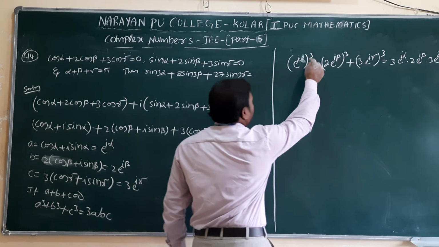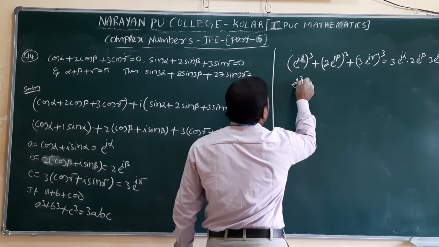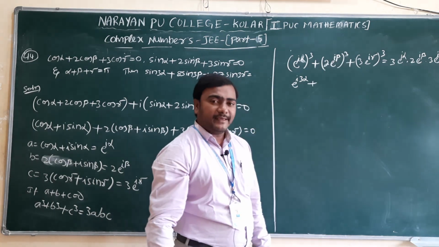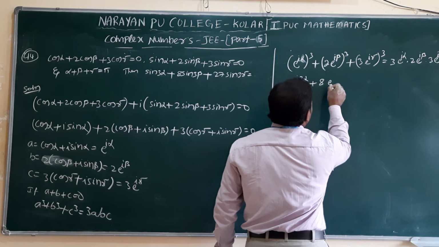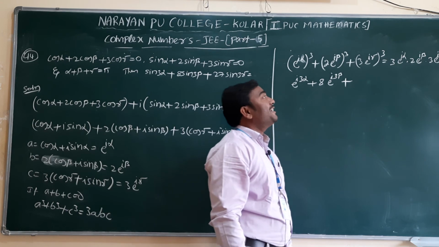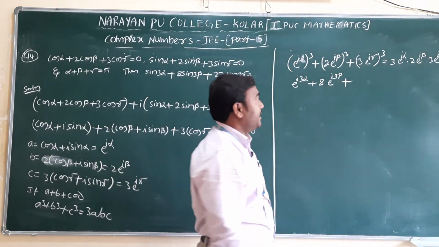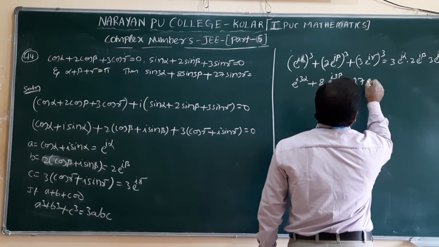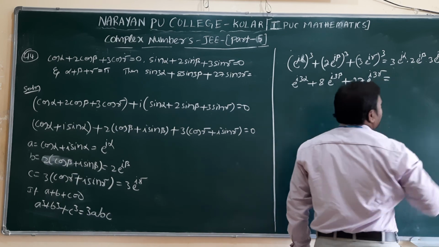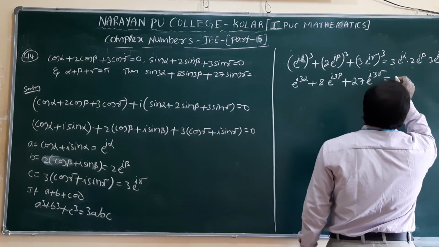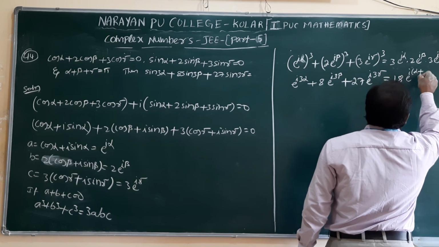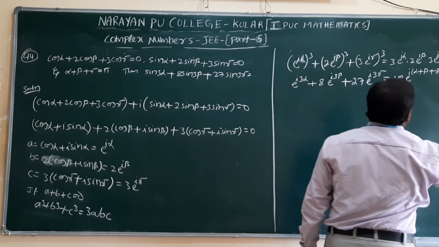Now, it can be e power i into 3 alpha, plus 2 cube, which is 8, into e power i 3 beta, plus 3 cube, which is 27, into e power i 3 gamma, is equal to 3 into 6, which is 18, into e power i into alpha plus beta plus gamma.